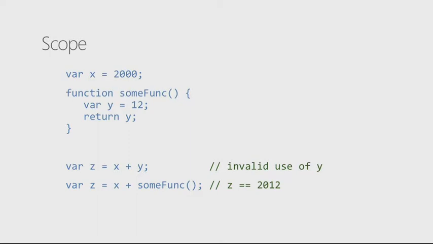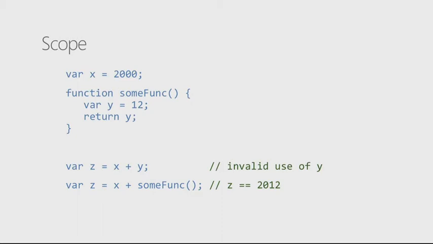So let's look at this example of scope. We have a variable called x that's equal to 2000. Then we have a function called sumfunc, and we have a variable inside of that function, y, that's equal to 12. And then we also immediately return that variable value from the function. So down below, if I try to say variable z equals x plus y, it's an invalid use of y. And what would be the reason for that? It's hidden. We declared the variable in a function.